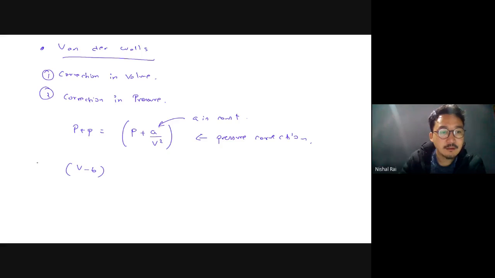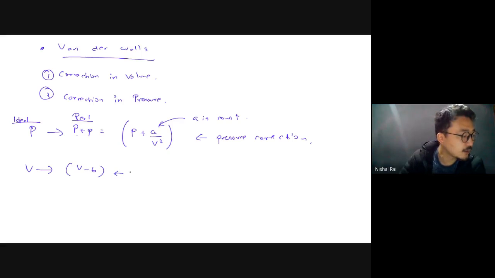Now V went to this, pressure went to this. This was for the ideal gas, and this was for the real gas. For ideal gas, P is P, V is V. For real gas, P went to this and volume went to this, where b is also a constant. These are the Van der Waals constants.